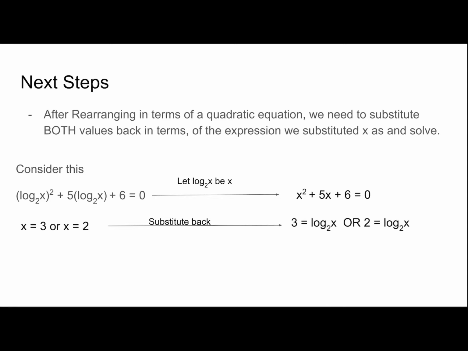And now once again, it's just using the really simple BOP rule here, okay? Base outcome power rule, and we can solve for our x values. So x equals to 2 to the power of 3, or x equals to 2 to the power of 2. And therefore, you should get your answer as x equals to 8 or x equals to 4.